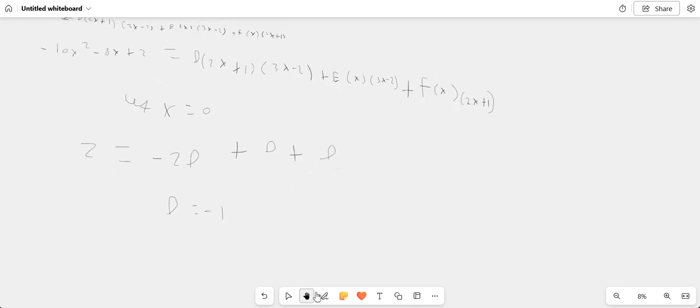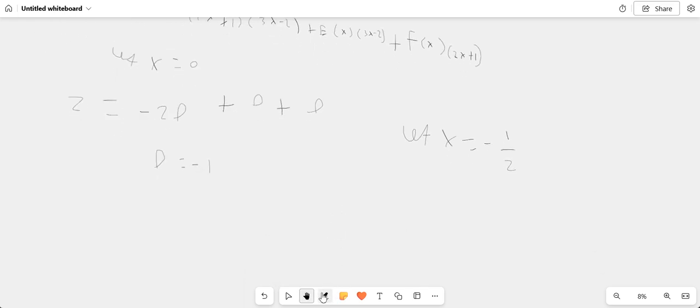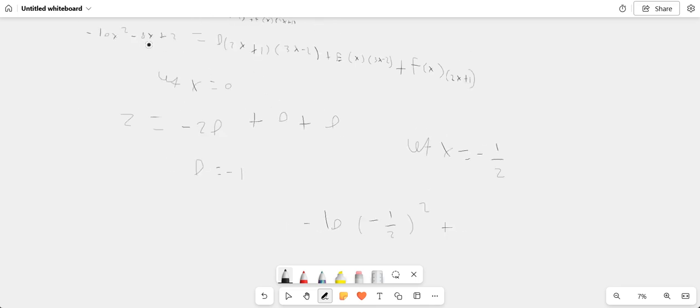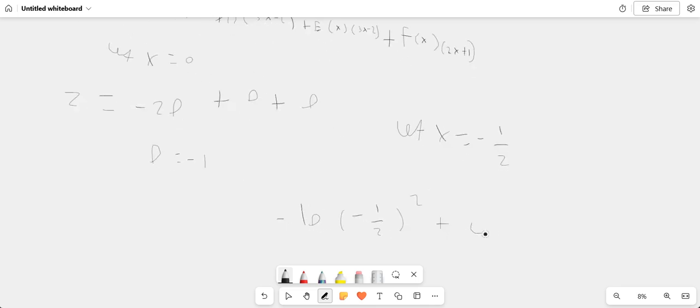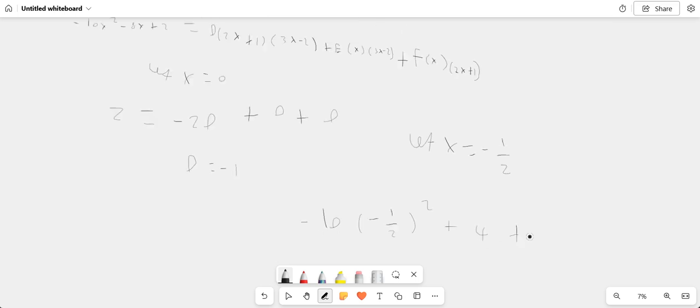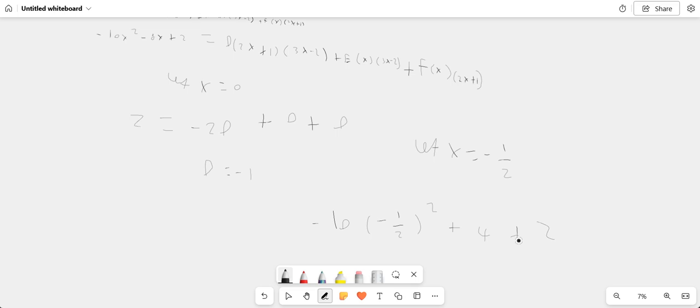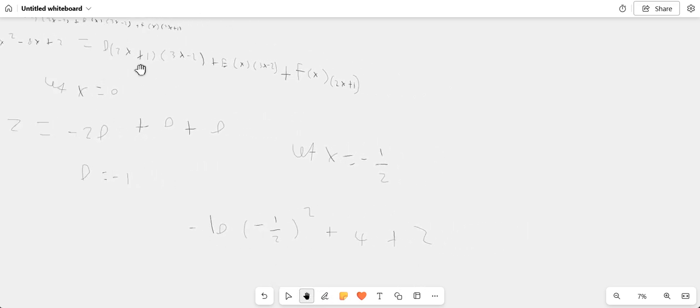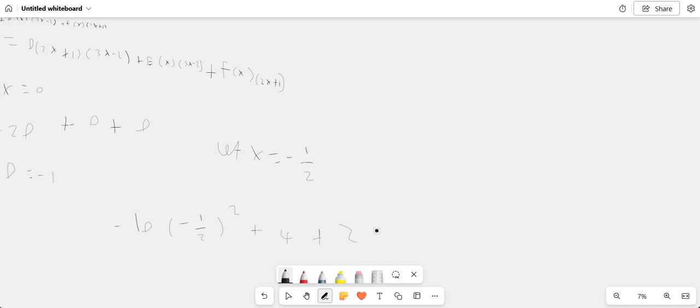Next bracket is the 2x plus 1. Let x equal the opposite of that, which is minus 1 over 2. Bring 1 to the other side, divide by 2, that's minus 1 over 2. Put that into the left-hand side: minus 10 open bracket minus 1 over 2 squared, plus minus 1 over 2 times minus 8 is plus 4, because minus minus makes plus, plus 2 there. On the right, minus 1 over 2 into the first bracket makes it 0 because it has the 2x plus 1 bracket.